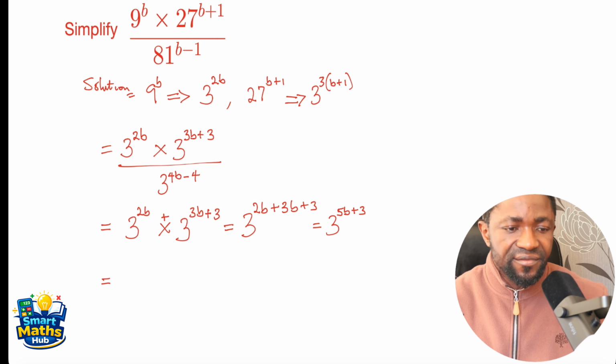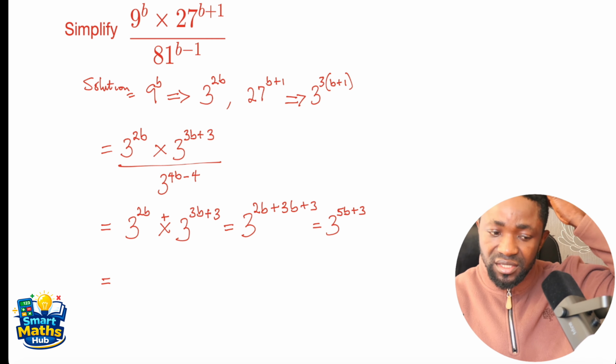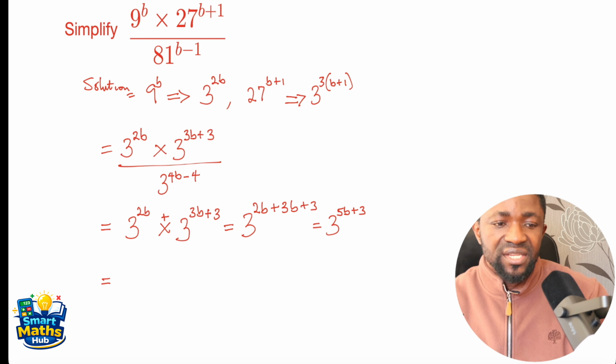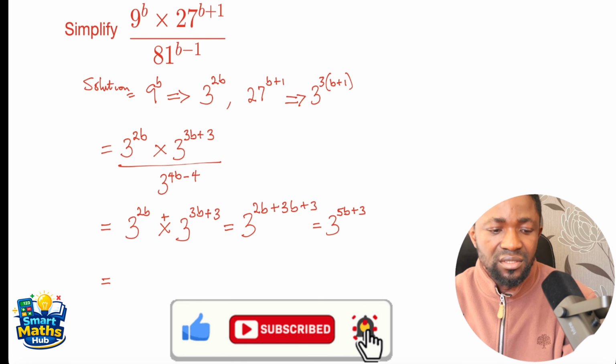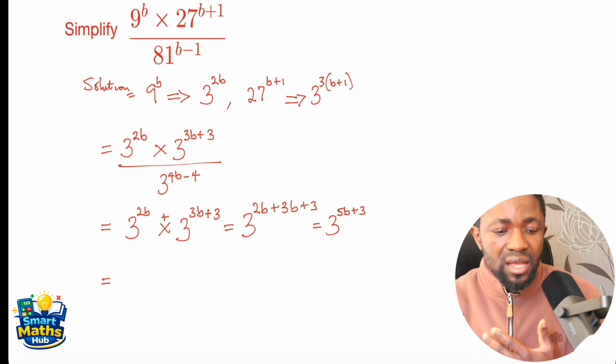So the next step is to divide by the denominator. When dividing the same base, you subtract the entire exponent of the denominator.